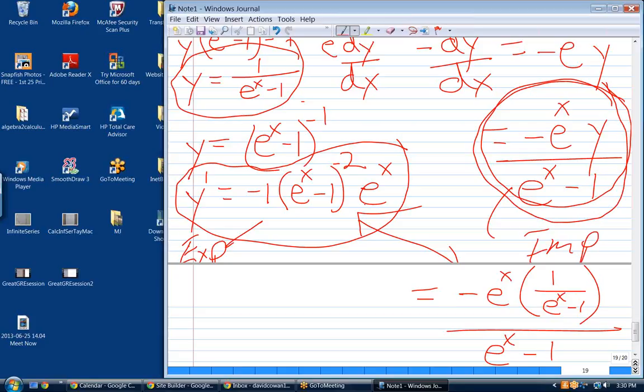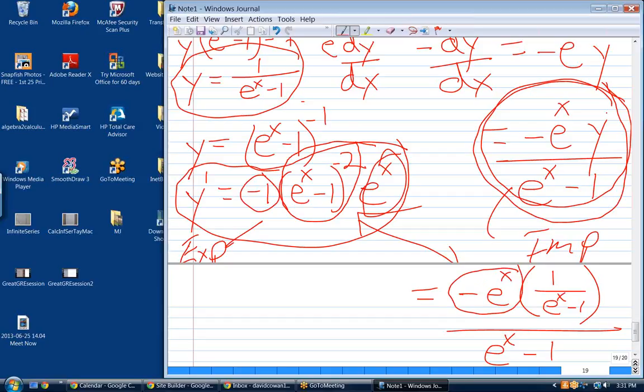And I don't know if you can see why these two are equal or not. Notice that this denominator that's in the numerator is going to go with this denominator, and I'm going to end up with e to the x minus 1 squared, which is that term. And then the numerator was minus e to the x, which is right there. Okay, that makes sense.